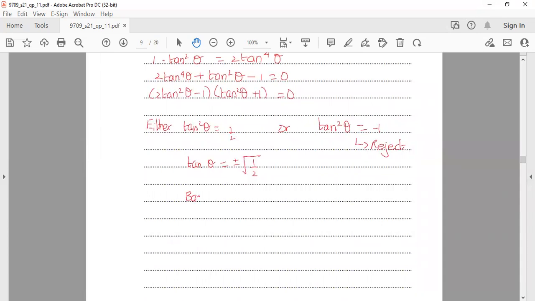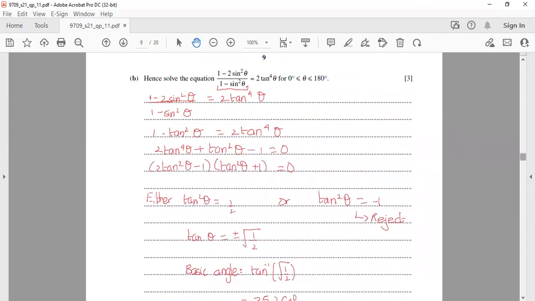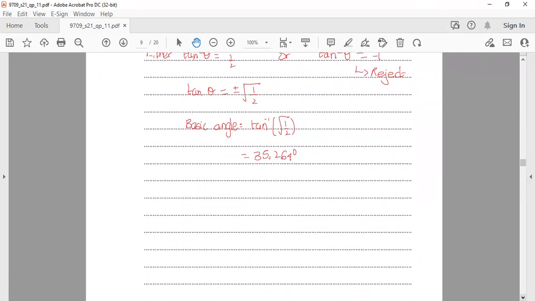Here the basic angle, or the key angle, will be tan inverse of the positive square root of half, which is equal to 35.264 degrees. Make sure that your calculator is in degree mode, because the range is given in degrees, so the answer should be in degrees. Let's consider when tan is equal to the positive square root of half. Let's draw the quadrants.